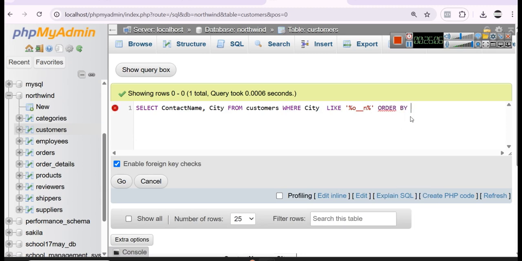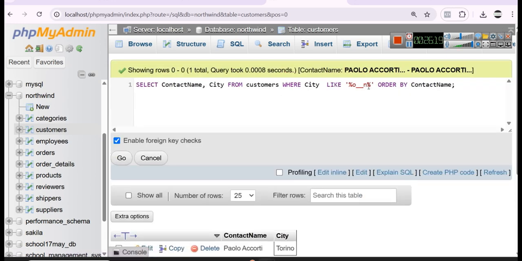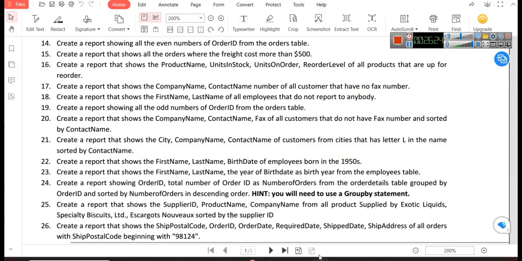So you will write this at the last position, order by. Let's say we want to order by contact name, order by city, whatever. So obviously here we only have one city. So for city name which has L in it, it is not asking starting. Is it asking starting or end? It is saying from cities that has L in the name.